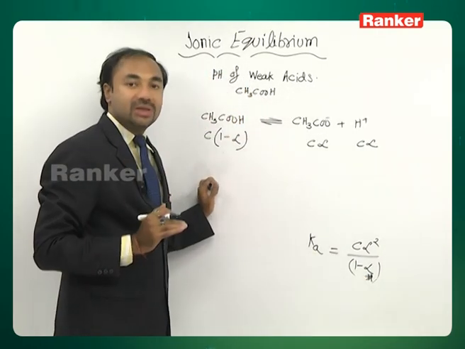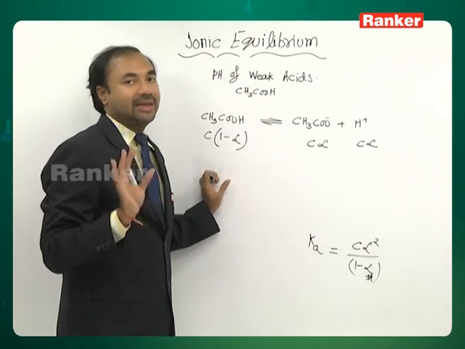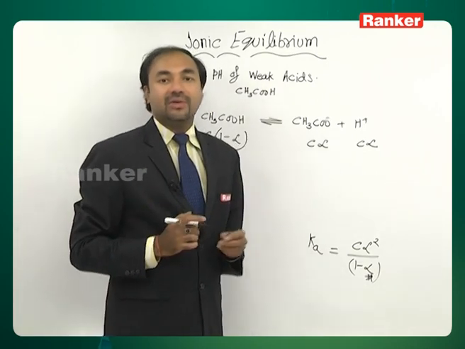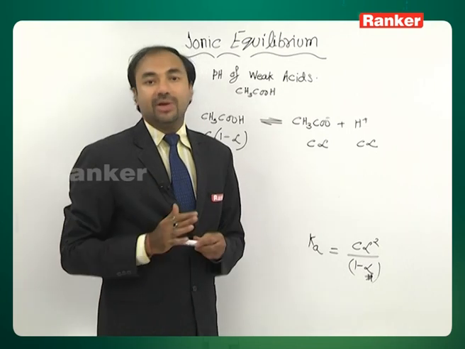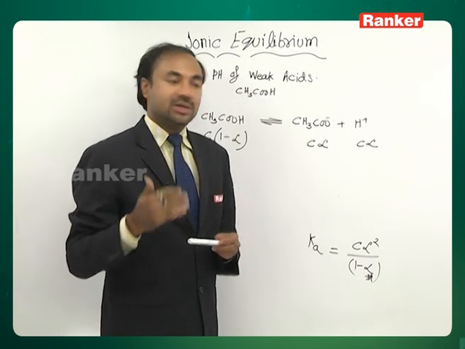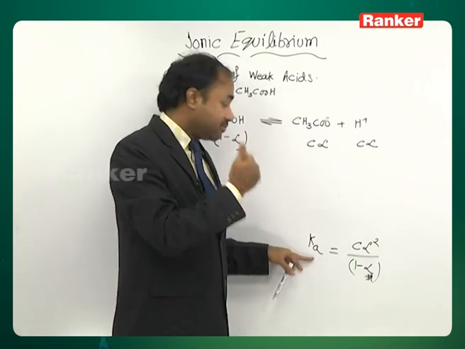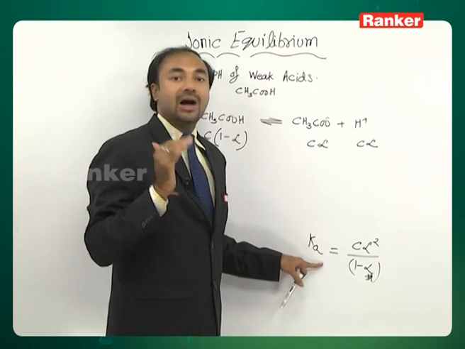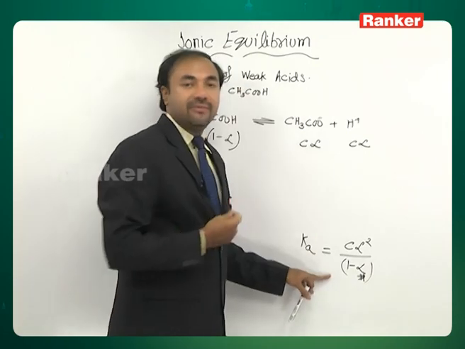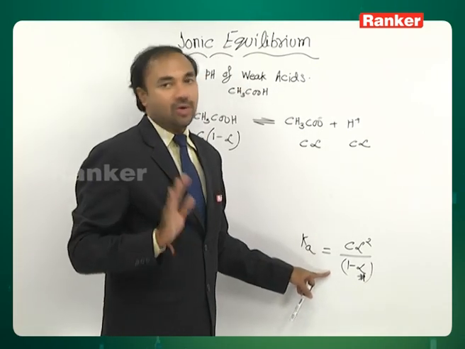This is one approximation we are taking here to simplify the calculation. Remember, to simplify the calculation, we can take only valid approximations. If you take an invalid approximation just to simplify the calculation, your answer will become completely wrong. So we'll cross check whether our approximation was valid or not.